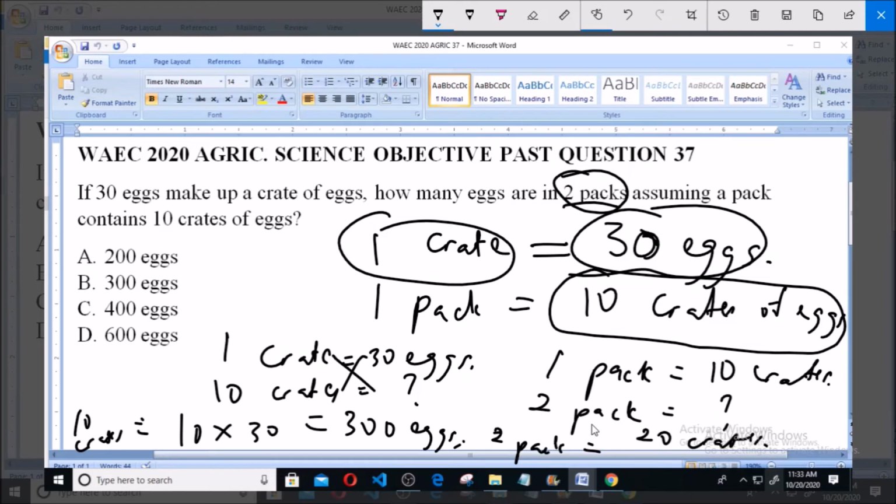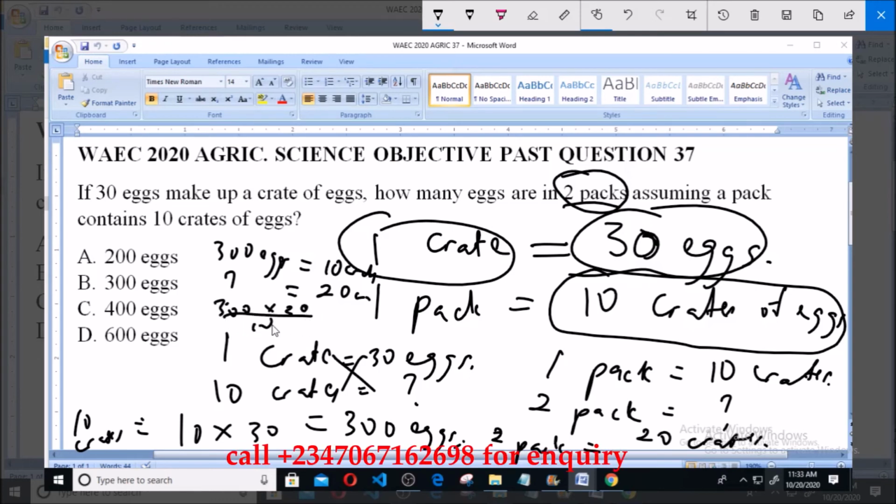If you have 300 eggs in 10 crates, how many eggs will you have in 20 crates? That will be 300 times 20 divided by 10, and if you do this, you get 600 eggs.